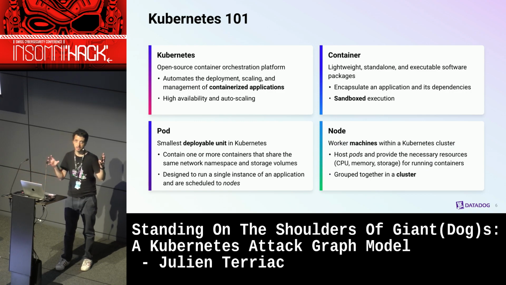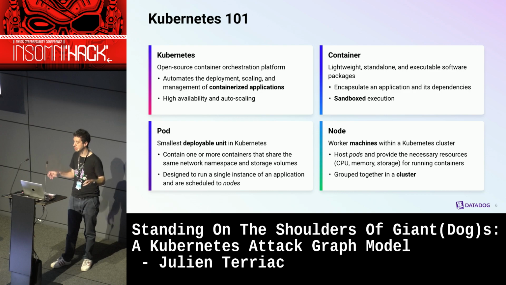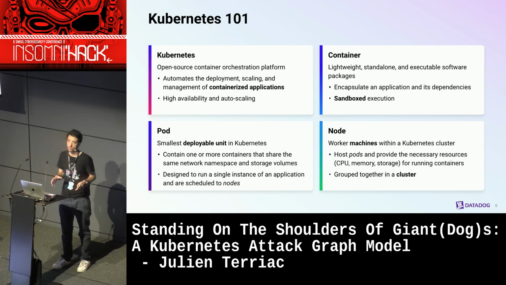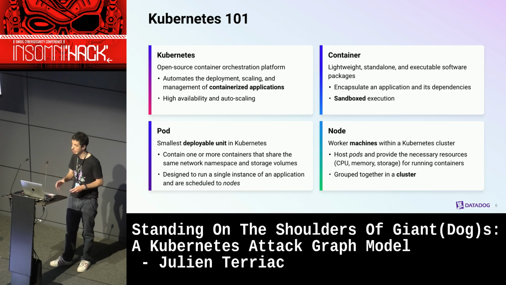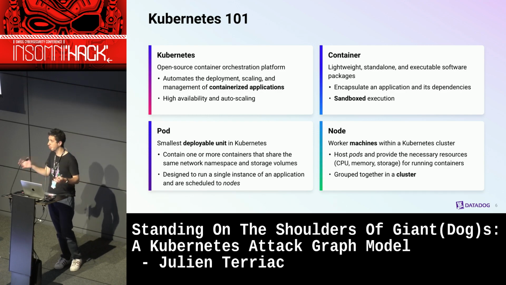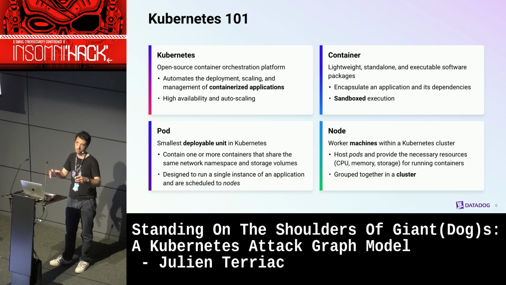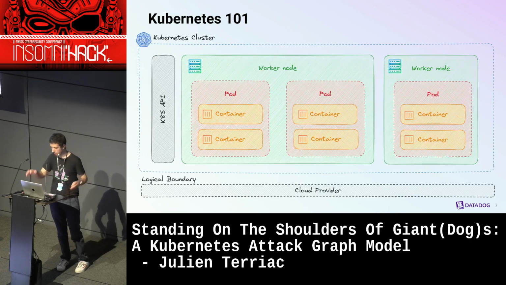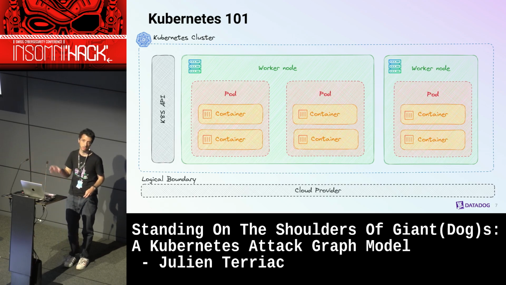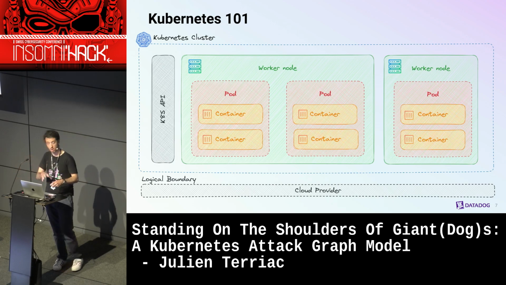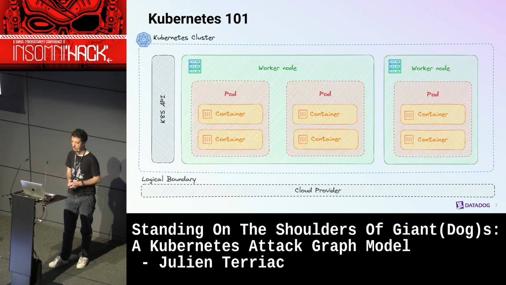A node is closer to a real machine, so it can be either a virtual or physical machine, and it basically handles all the CPU, memory and storage for where the container is actually running. Grouped together, you get a Kubernetes cluster. So the container is inside a pod, inside a worker, or node, and all the nodes give you the Kubernetes cluster.